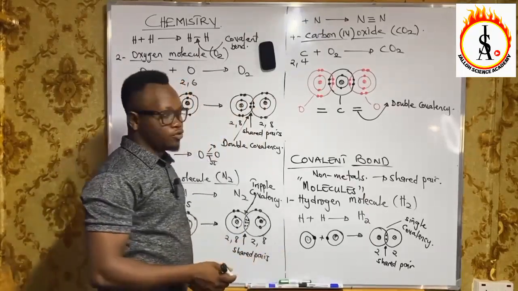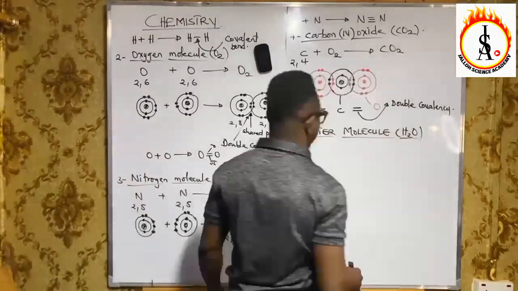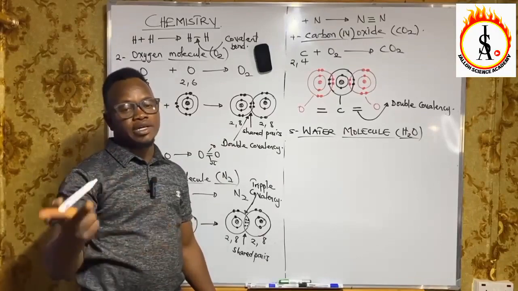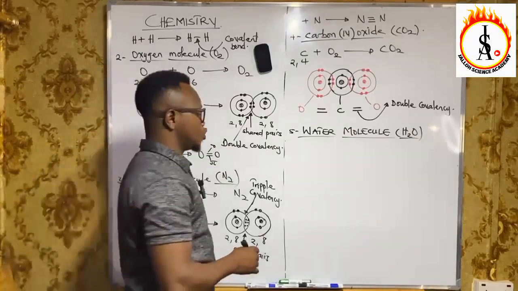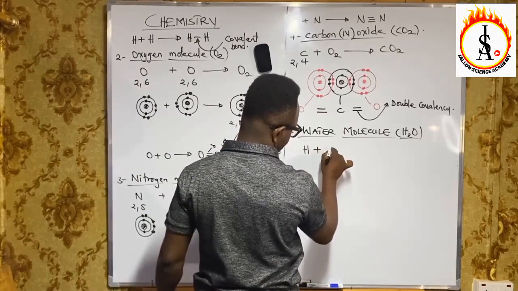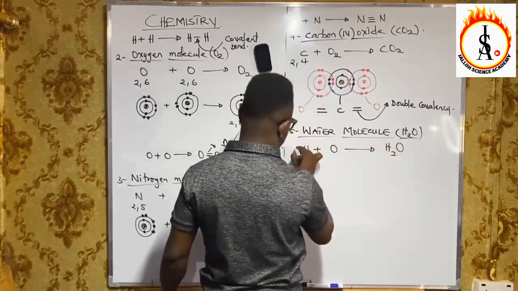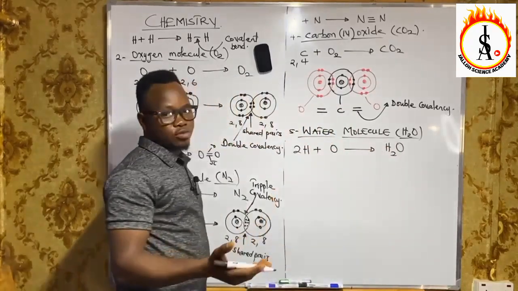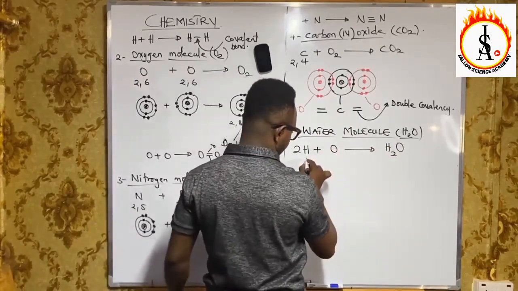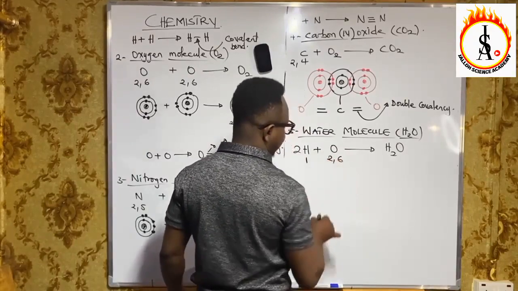Next, we look at the formation of water molecules. In water molecule, you have an atom of oxygen combining with 2 atoms of hydrogen. So 2 atoms of hydrogen. This hydrogen has 1 electron, so configuration 1, and the oxygen has 8 electrons, configuration 2,6.